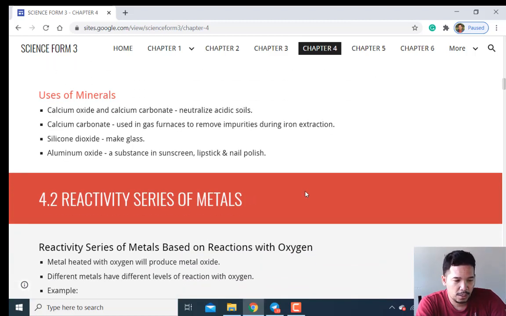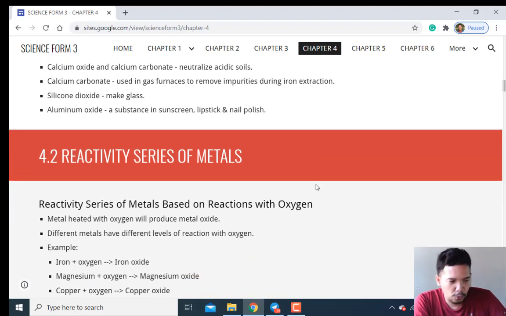Now we will continue on 4.2, the reactivity series of metals. For the reactivity series based on reaction with oxygen, metals heated with oxygen will produce metal oxide. Different metals have different levels of reaction with oxygen.